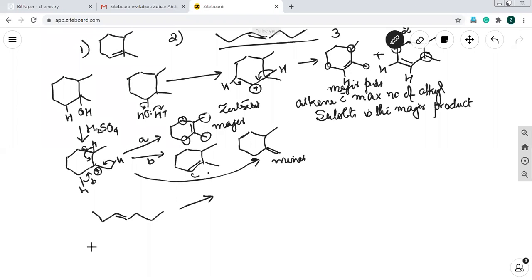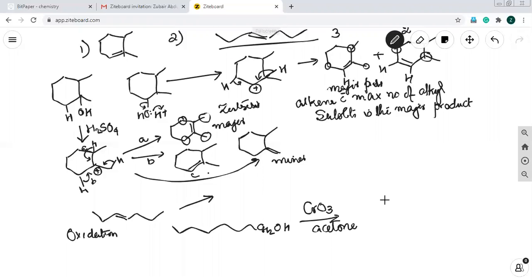If you take an alcohol, oxidation, any long chain alcohol, CH2OH, if you treat this with chromium trioxide and acetone, CrO3 in acetone is an oxidizing agent. Chromium trioxide is an oxidizing agent.